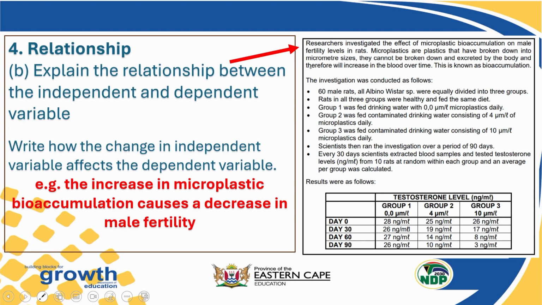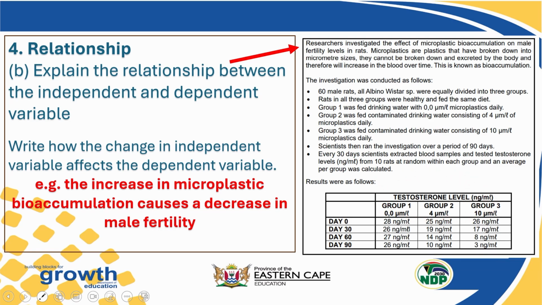Okay. Now, sometimes they ask you to explain the relationship between the independent and dependent variable. In this investigation, my dependent variable was male fertility in rats. And remember, I measured the dependent variable using the testosterone level.